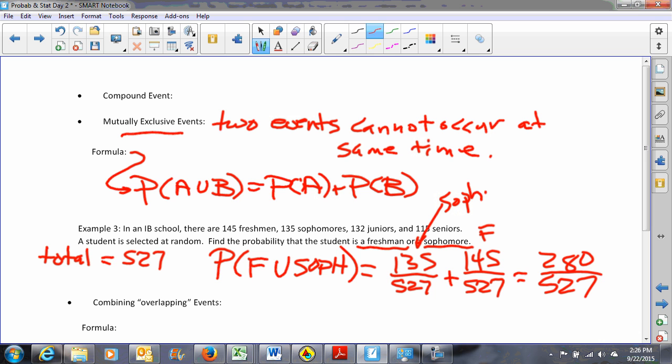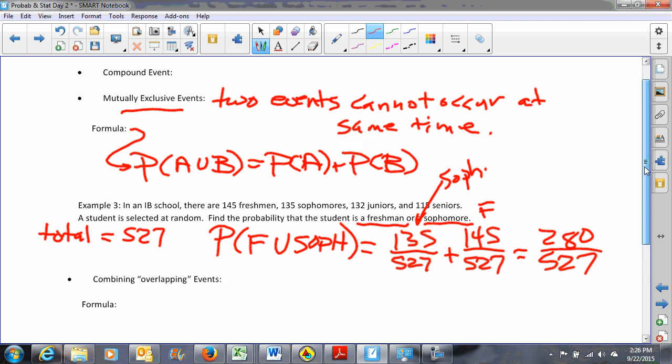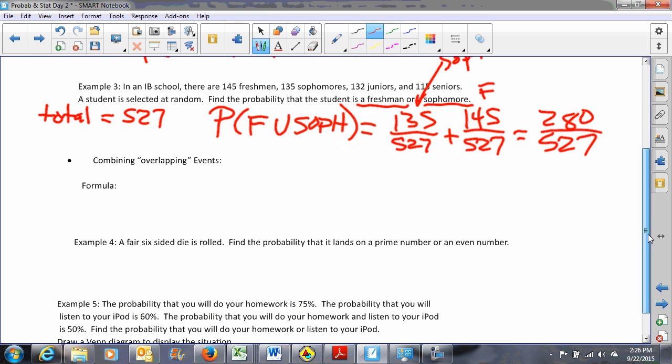Now, if the events overlap, then you can't quite use this formula. But we do have a formula that works for this. And let's see if I can't illustrate this. Let's say, for example, you've got, and I'm doing a Venn diagram now.